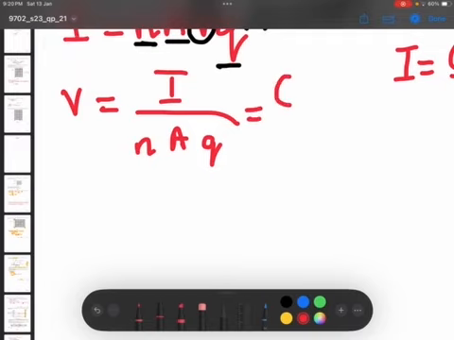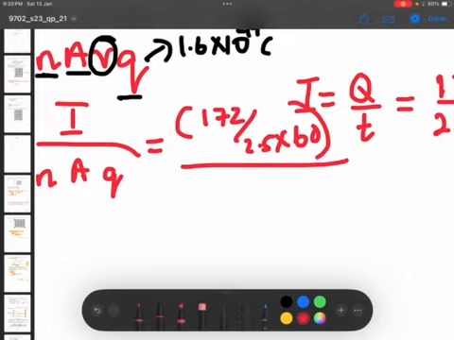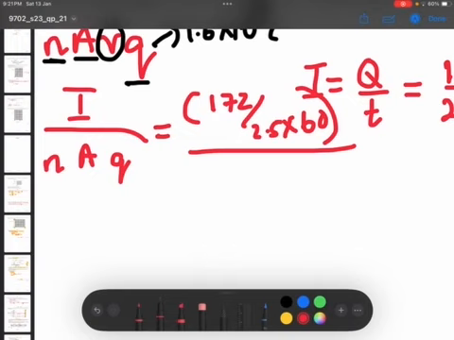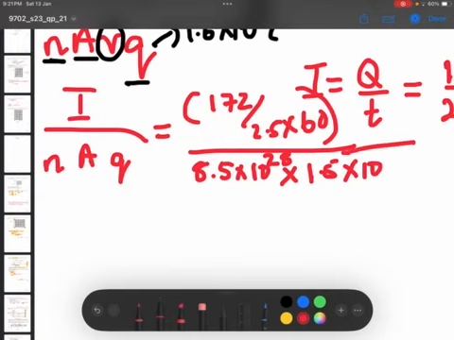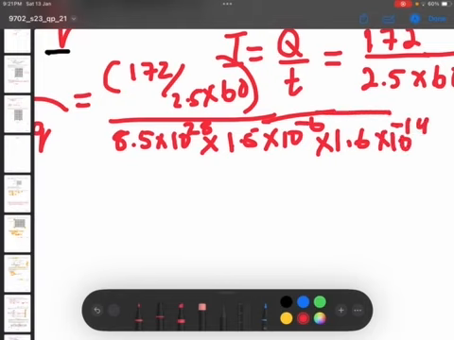So the current is 172 divided by 2.5 times 60, in brackets, over the number density, which even if you had failed to find it, you now know is 8.5 times 10 to the power of 28, then the cross-sectional area A, which is 1.5 times 10 to the power of minus 6, then the charge of a single electron, the charge carrier, 1.6 times 10 to the power of minus 19.